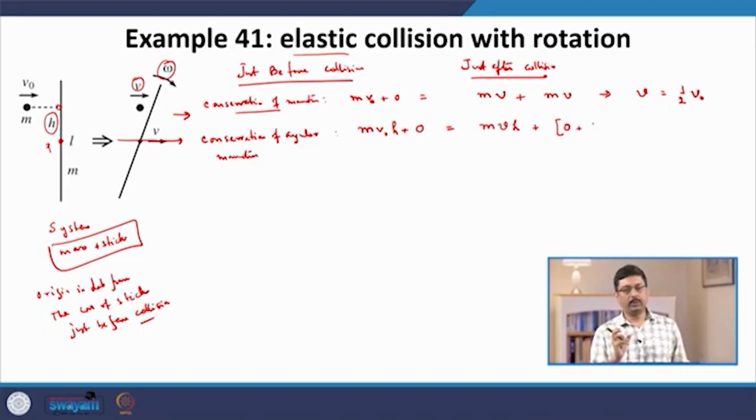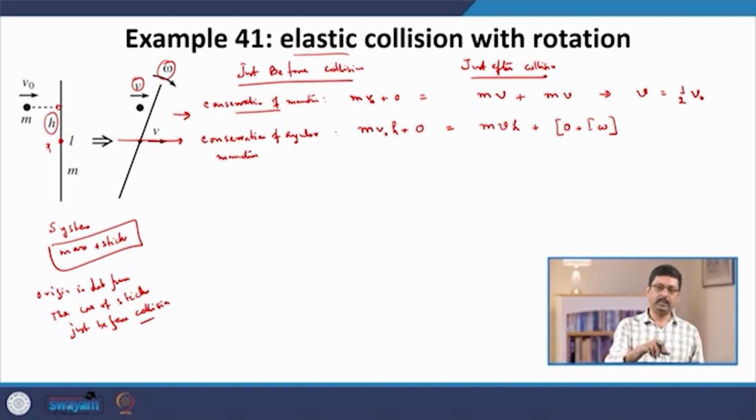The angular momentum about the center of mass is I omega, where the axis of rotation passes through the center of mass, the middle point of the stick, and is perpendicular to the screen. We know from our earlier example that I is mL square by 12.